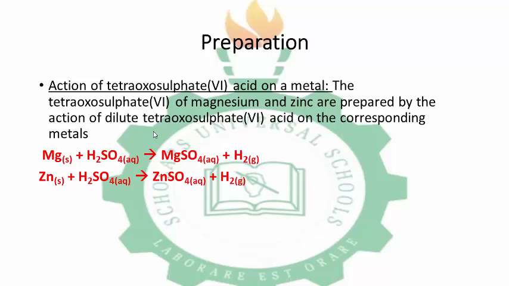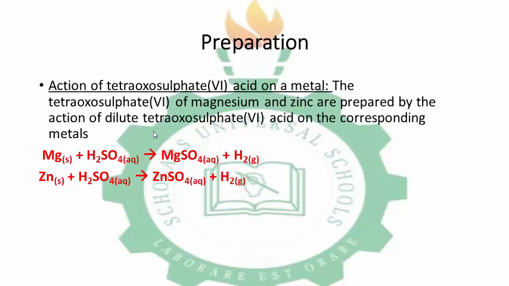For example, mercury cannot liberate hydrogen gas from the acid because it is less reactive than hydrogen, and it is placed below hydrogen in the electrochemical series.